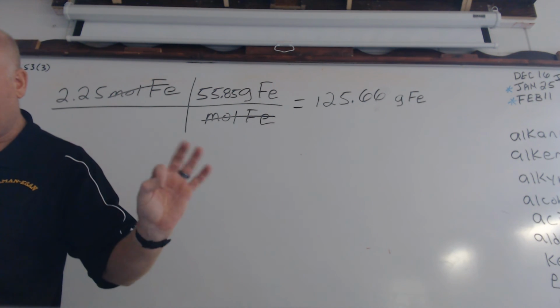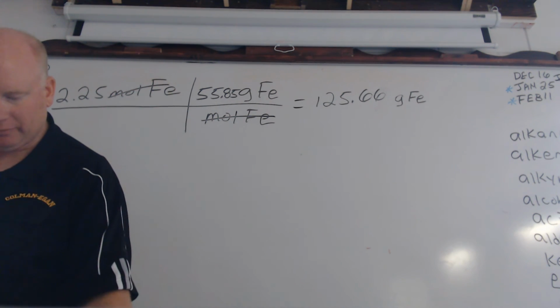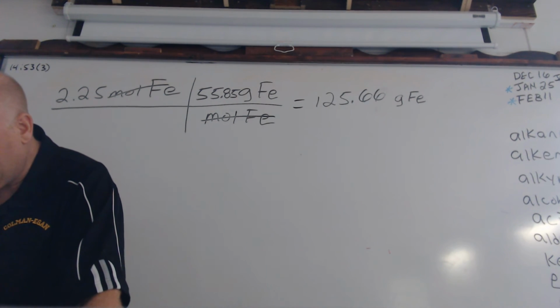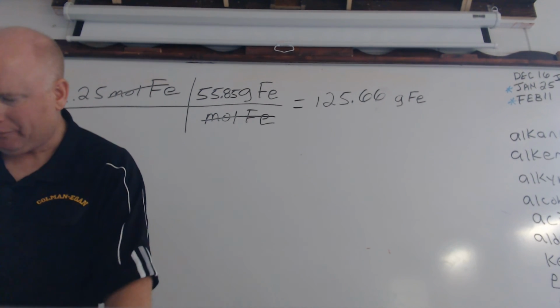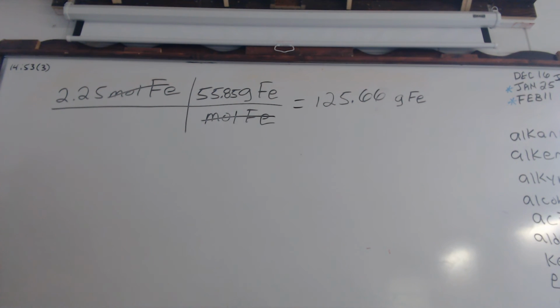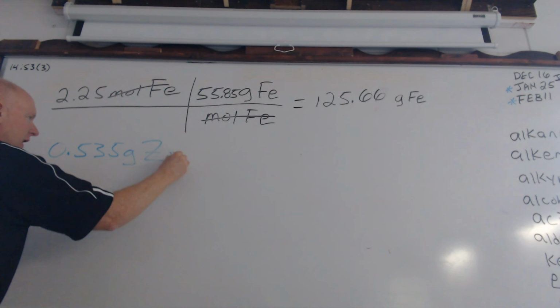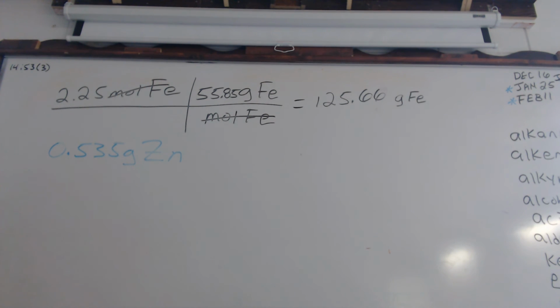This one's number 3 on the bottom set of practice problems. It says, how many moles of zinc are in 0.535 grams of zinc? There's only one place that you can start, and that is 0.535 grams of zinc.